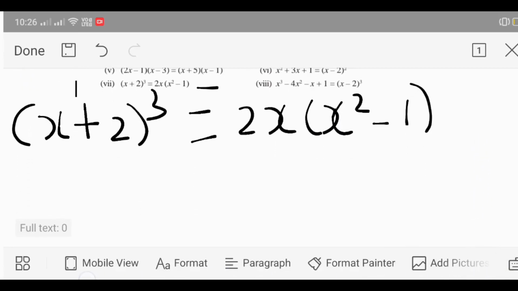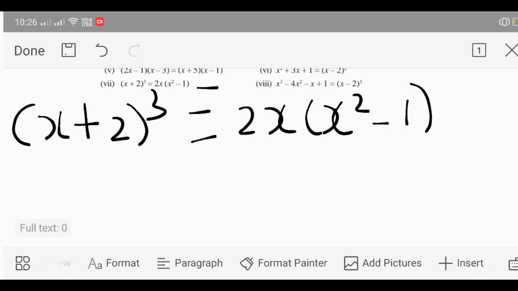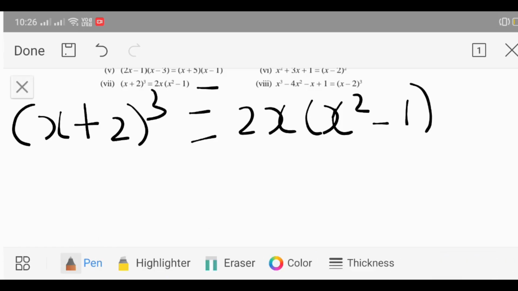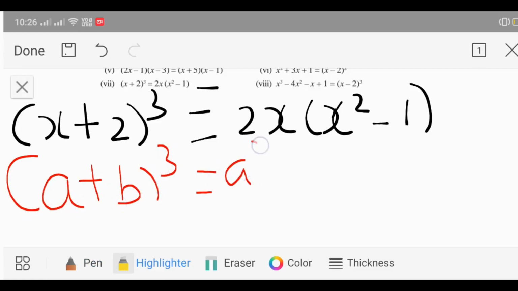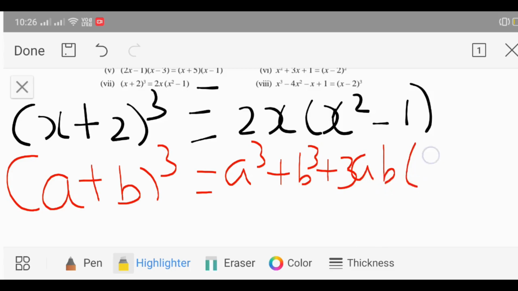On the right side we need to expand like (a + b) the whole cube. The formula for (a + b)³ equals a³ + b³ + 3ab(a + b).